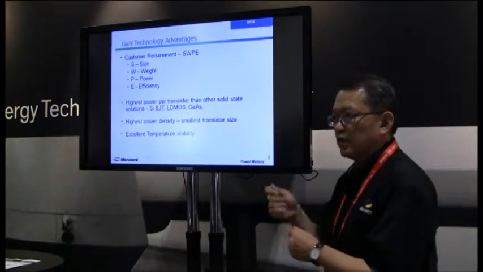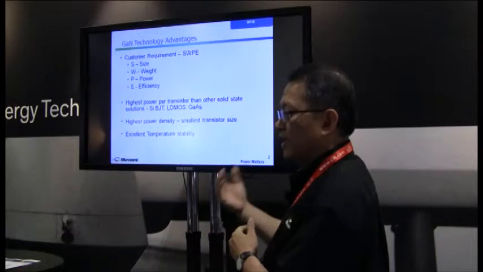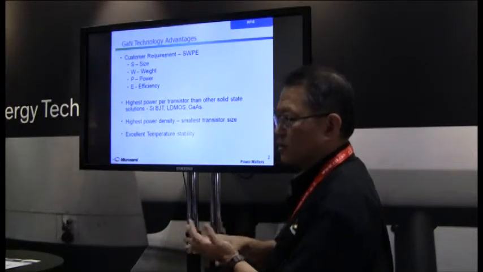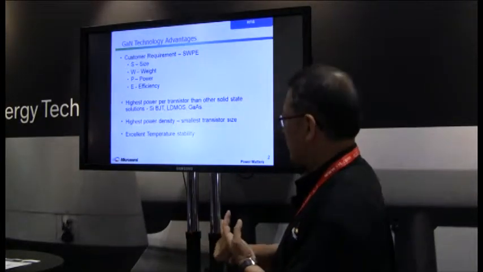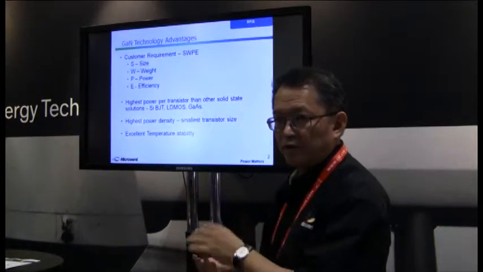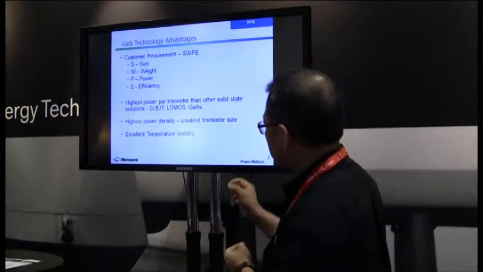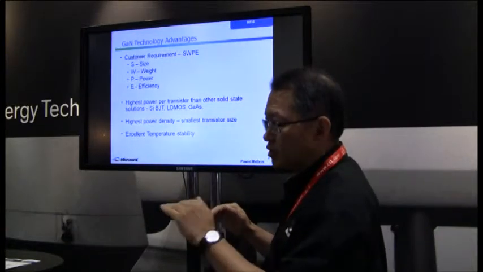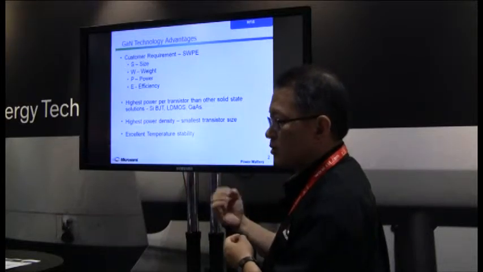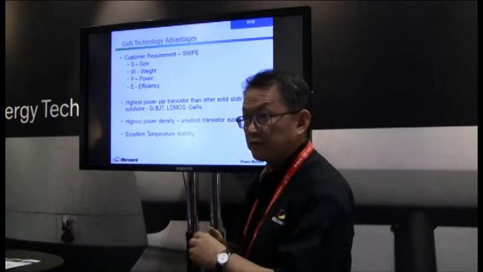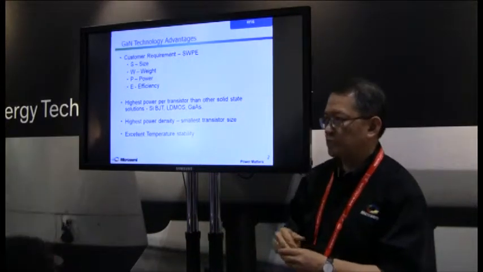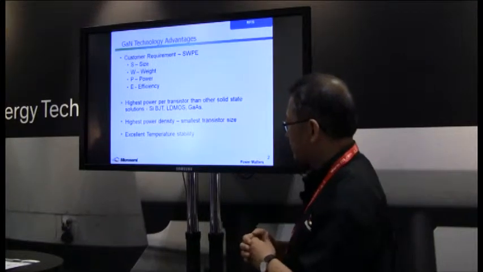LDMOS has been doing great in the past 3-4 years, but as GaN comes along, we see that GaN has many great advantages over the traditional silicon bipolar transistors and LDMOS. They primarily have a much higher power density, so we can achieve much higher power level per device, and also great temperature stability at extreme temperatures like minus 55 to plus 85 degrees C. The junction temperature can handle 250 degrees C for GaN transistors, versus most bipolar, where 200 degrees C is the absolute maximum temperature the device can operate at.